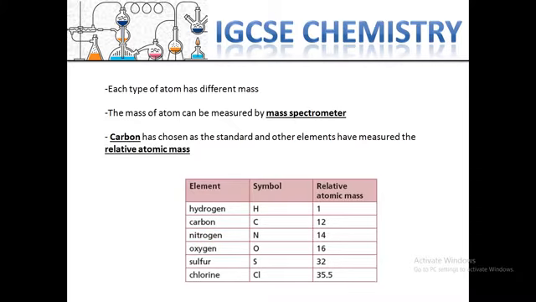After a while, they received a lot of data from the experiments for the mass of the elements. So they made a table as a relative atomic mass. They put a number for each atom as its relative atomic mass.